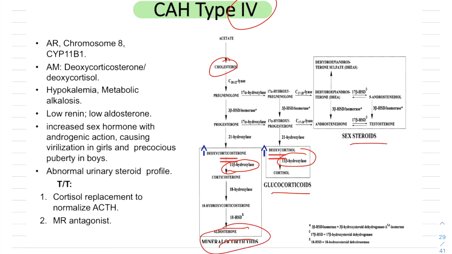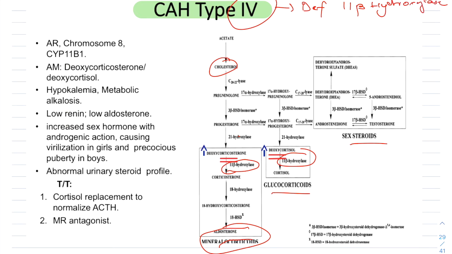Okay, so the 11 beta hydroxylase enzyme catalyzes these steps as shown. This is the catalytic reaction of the 11 beta hydroxylase. So congenital adrenal hyperplasia type 4 is due to the deficiency of the enzyme 11 beta hydroxylase.